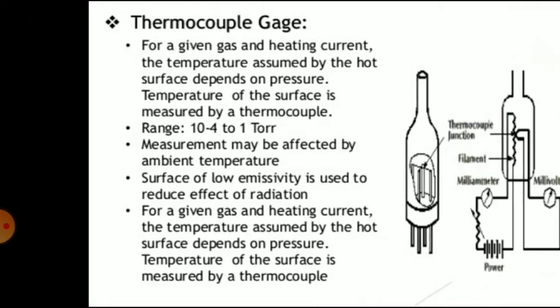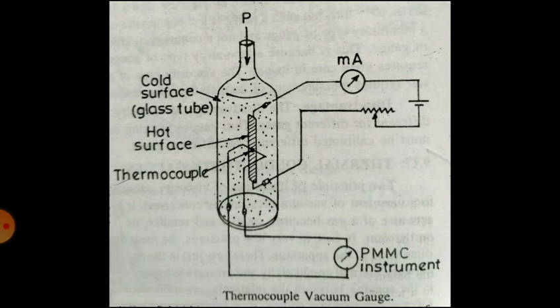You can see the diagram of the thermocouple gauge. In the diagram there is a cold surface, called the envelope or the glass tube. Inside there is a hot surface, and current is supplied to increase the temperature of that hot surface.